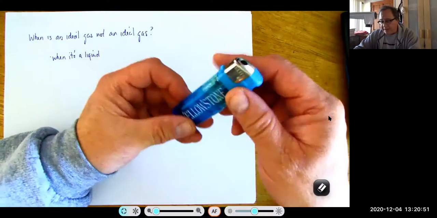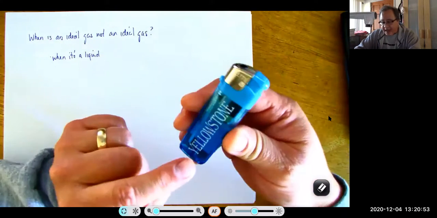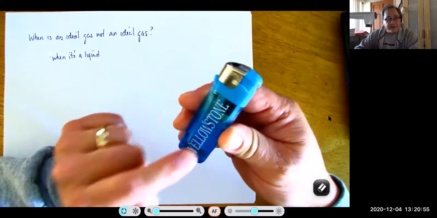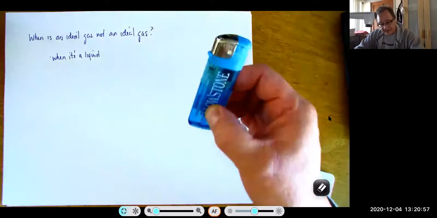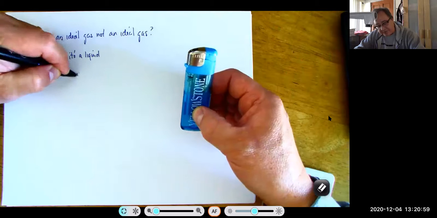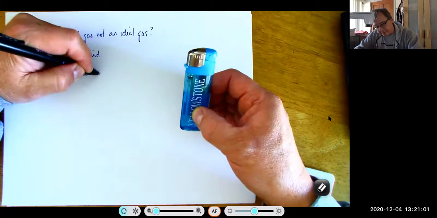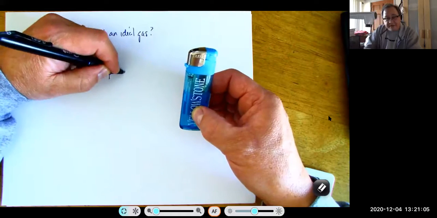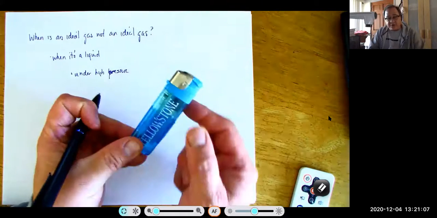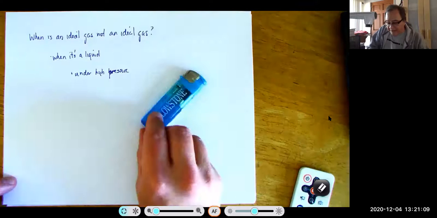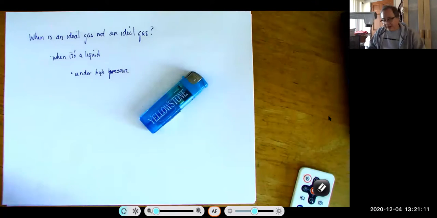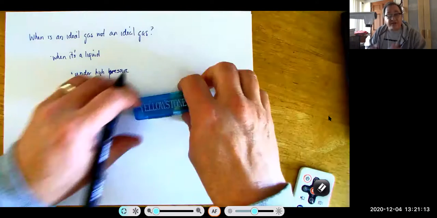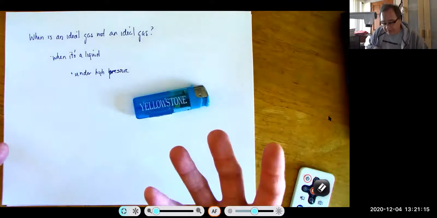So how is it that this gas has been turned into a liquid? The answer is under high pressure. There's a lot of pressure inside of this lighter. And that's why if I were to take this and strike it with a hammer, this thing would actually kind of explode because there's high pressure.